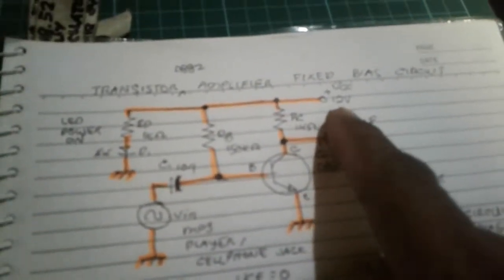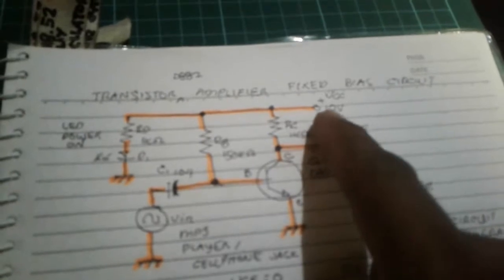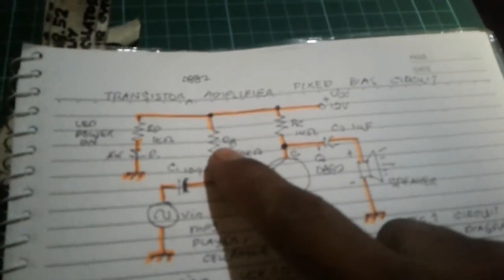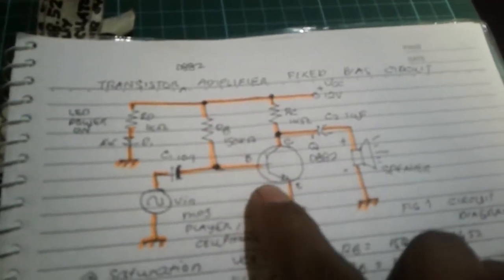Using Ohm's law, we know the voltage drop here, and we can calculate the voltage drop using KVL, VCC minus voltage drop RB, and then voltage drop at BE. We get 11.3 volts voltage drop at RB.